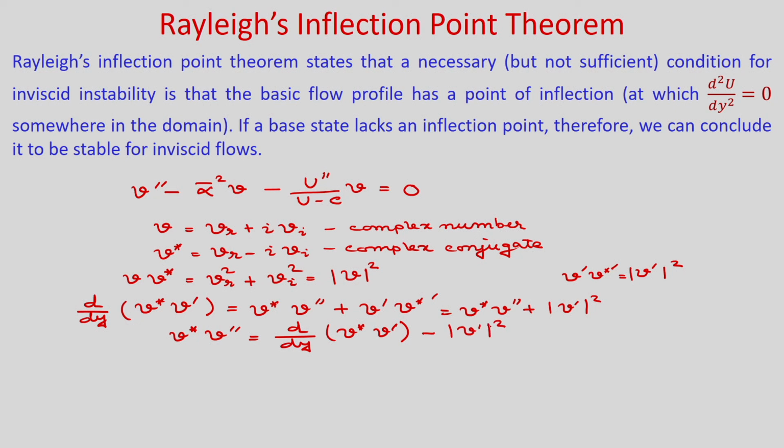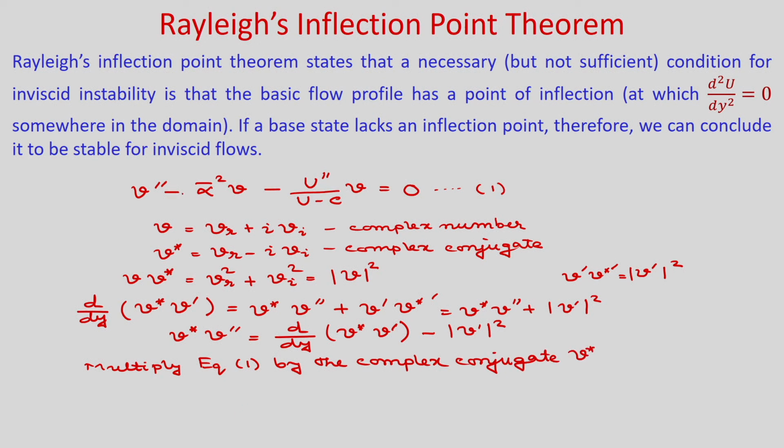Now let us consider this equation, equation 1, and multiply it by the complex conjugate v star.